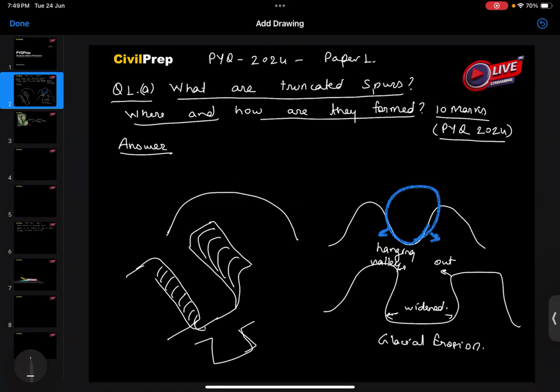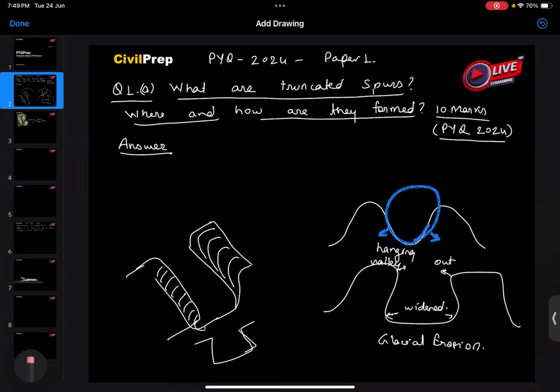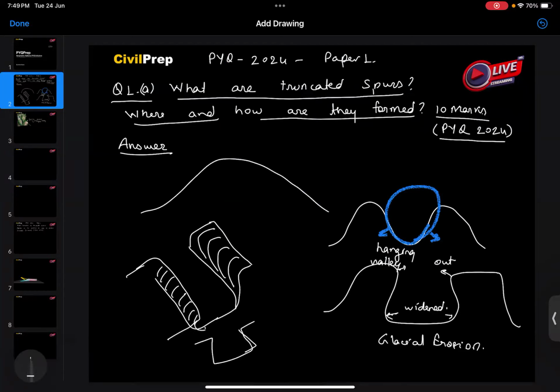If we look at this particular part, this was the initial mountain range, and there was cutting of this mountain by the glacier.